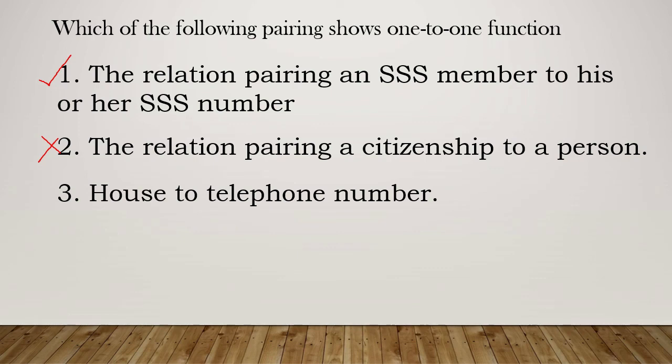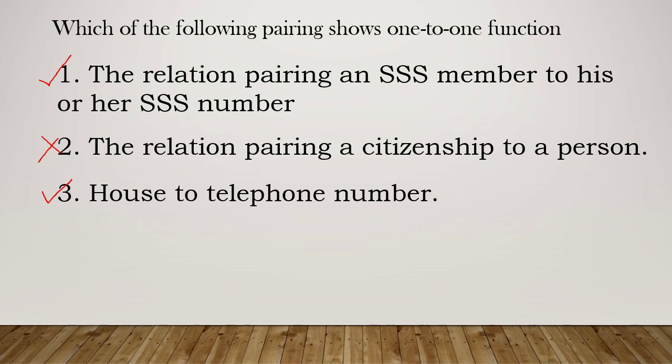Okay. Next. House to telephone number. Are there houses in your area which have the same telephone number? Of course, none. So therefore, this is a one-to-one function. It is not possible for each house to have the same telephone number.